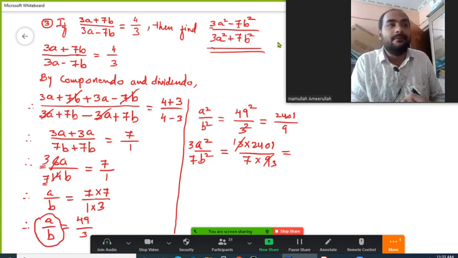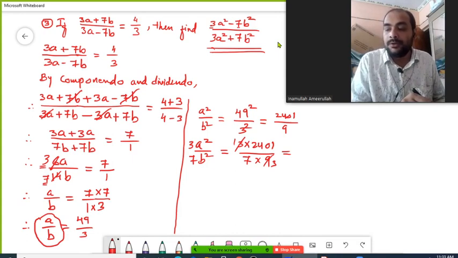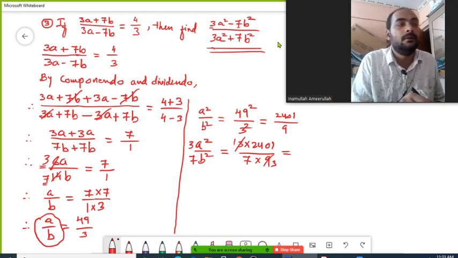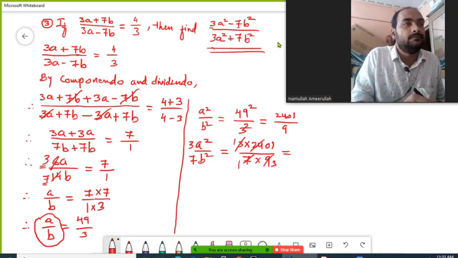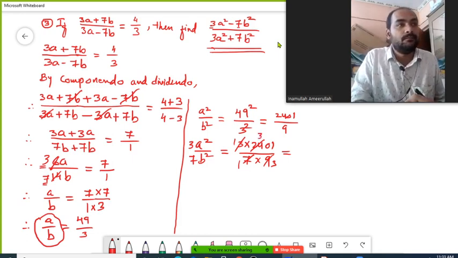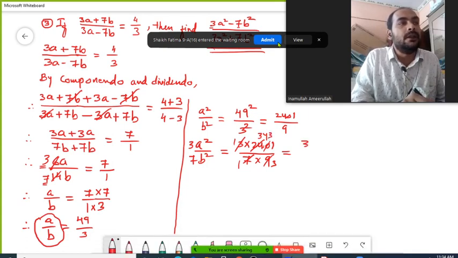So when I divide it by 7, 7 ones are 7, 7 threes are 21, 3 will be left, 7 fours are 28. So 30 minus 28, 2 will be left. Again 7 threes are 21. So 343 upon 3.